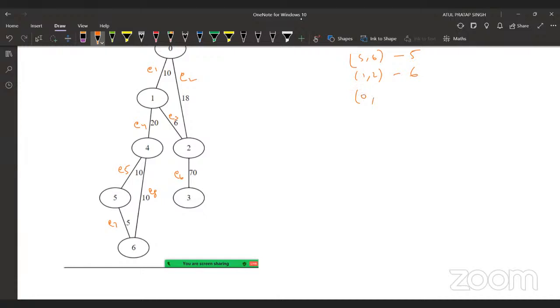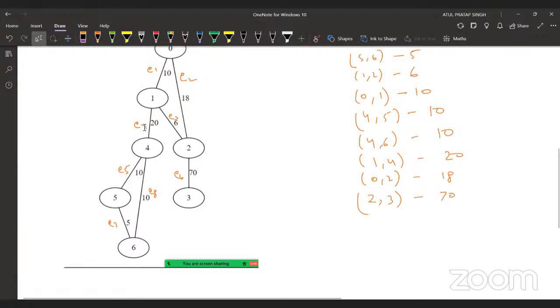So 0 to 1 is 10, and 4 to 5 is also 10. And then one more is 10: 4 to 6 is also 10. Then 1 to 4 is 20, 0 to 2 is 18, and 2 to 3 is 70.